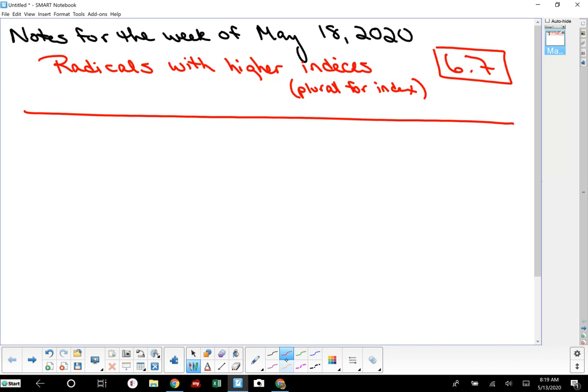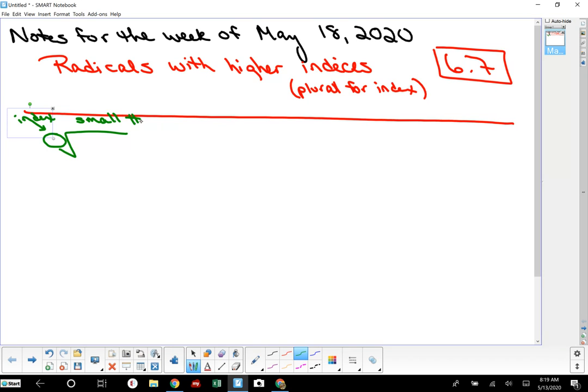Okay, so here's just a little bit of a reminder. In the radical, the index is right here. It's a little number. So this would be the index. It's a small number, kind of like a superscript, like x squared.